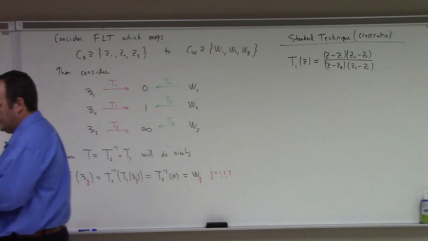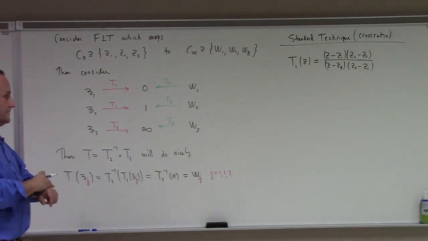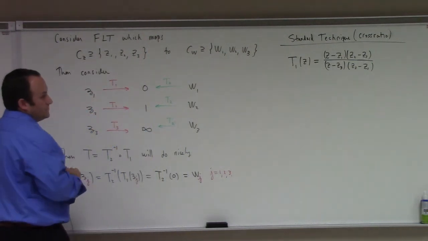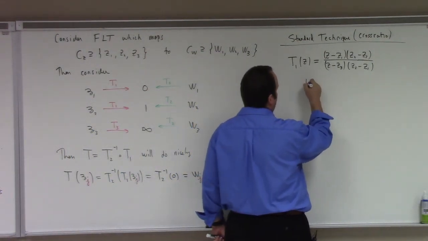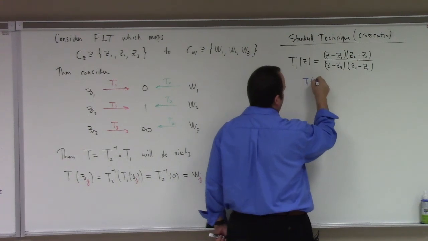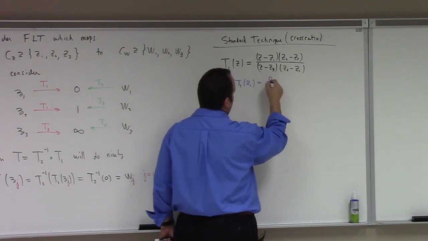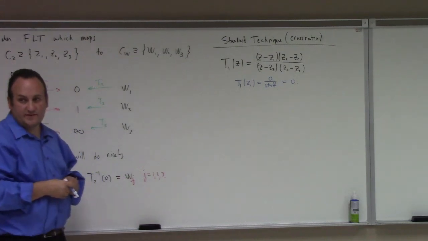All right, let me just take a breath here and see how this thing works. What happens when I plug in Z1? We get 0 over stuff. So plugging in Z1 maps to 0 as claimed.